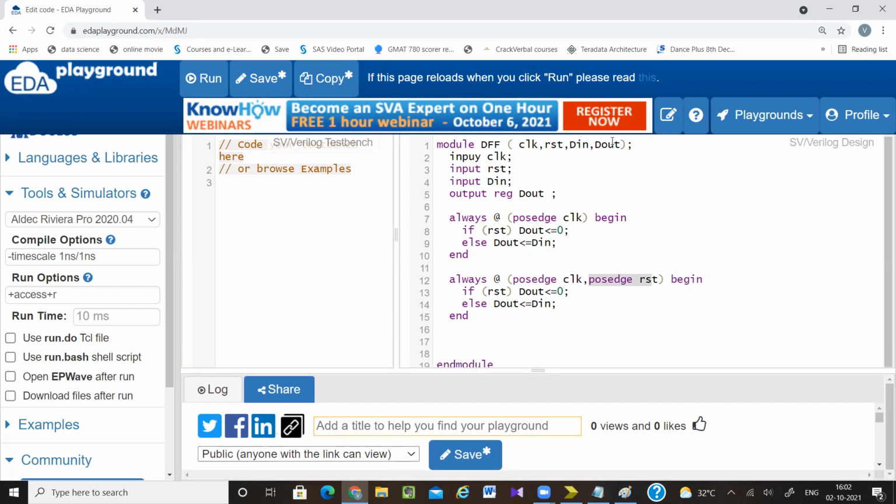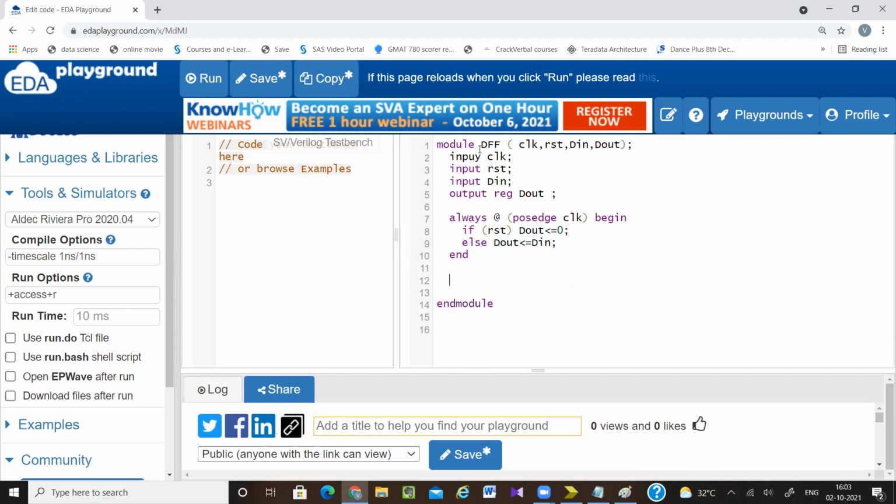So just for your sake, I am taking two outputs. One is for synchronous reset, another is for asynchronous reset. Okay, no need to write here. I can write another code also. Okay, so module D flip-flop.